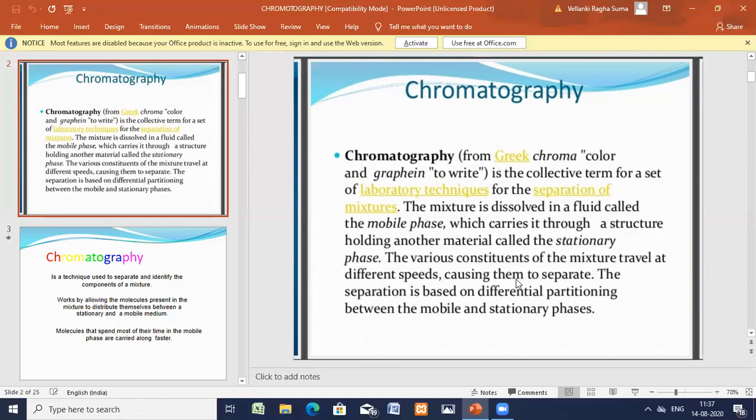So the speed differs for the materials of the mixture, and thereby they get separated. The separation is based on differential partitioning between the mobile phase and the stationary phase. Chroma means color and graphein means to write; the separation of mixtures is nothing but chromatography.